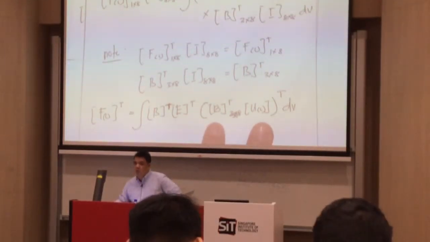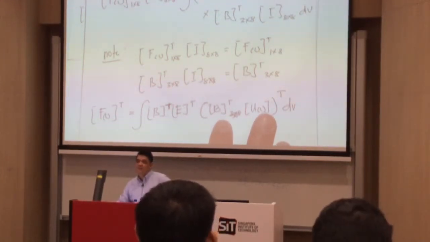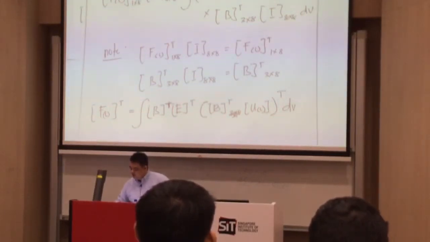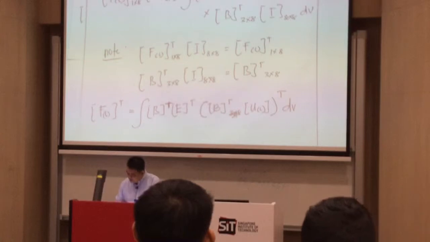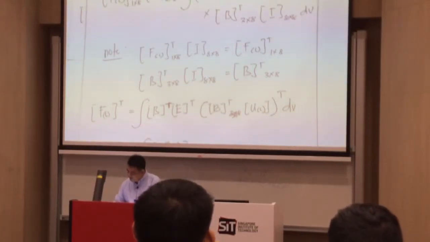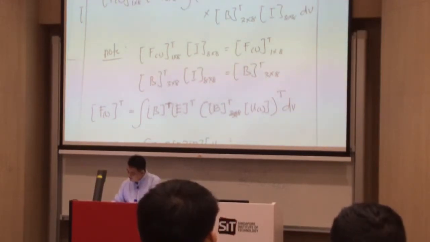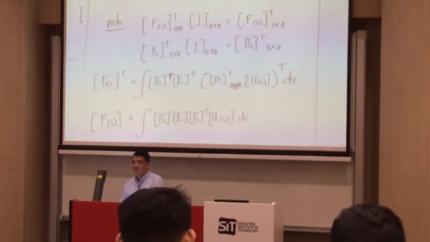So again, similar to what we did earlier with a bar or a beam, you can inverse this one, but you're going to end up with the same value. So if you're going to transpose the whole equation, you're going to end up with Fi, volume integral of B E dt ui dV, volume integral.